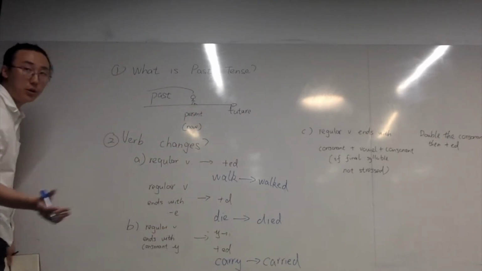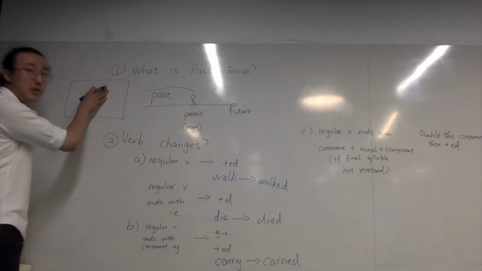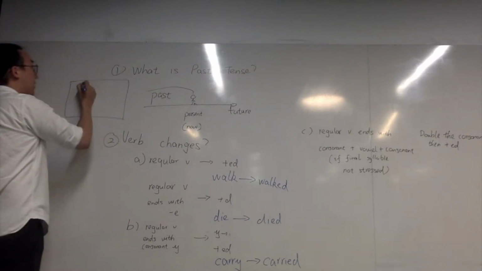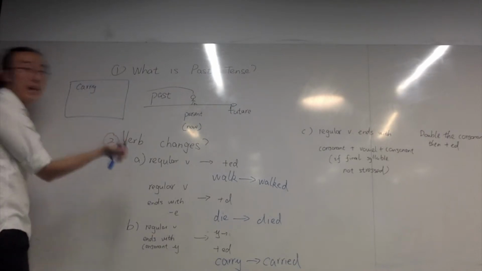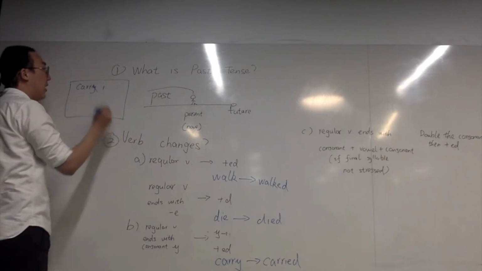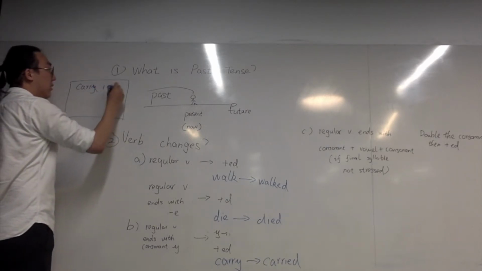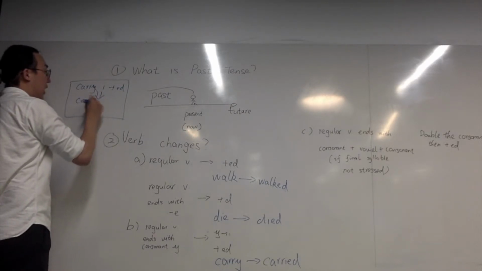Now I'm going to show you carefully, so please have a look here. I want your full attention here. Carry. So what I did is cross off the Y, change it to I plus ed. And it becomes carried.